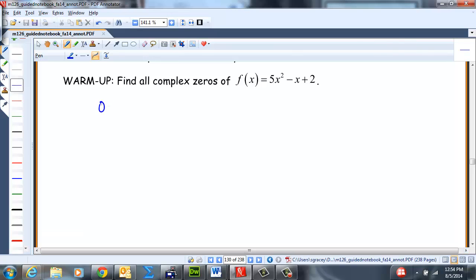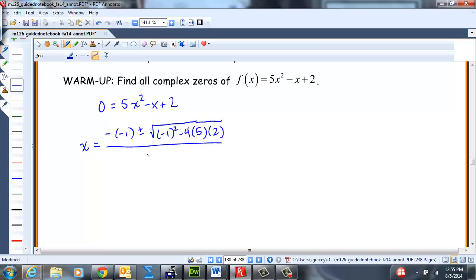So if we set f of x equal to 0, I think I'll just use the quadratic formula on this one. So x is the opposite of b, which is -1, plus or minus the square root of b squared minus 4 times a, which is 5, times 2, all over 2 times a.